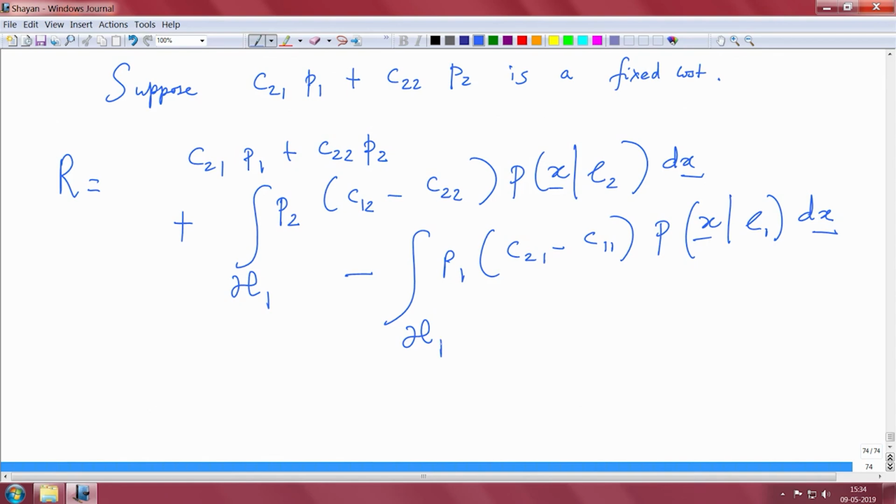I want to integrate it over the space H1 and come up with a simplified metric, right. So, we want to minimize R.